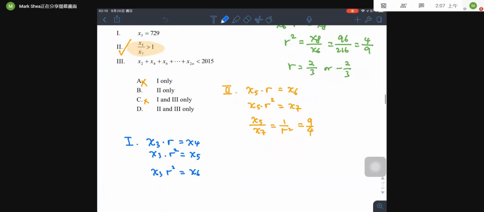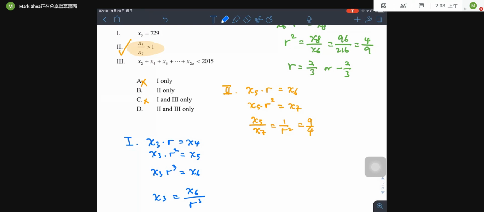The x3 times r to the power 3 here. So how can we find x3? It is x6 divided by r cubed. However, there will be two values of r, plus or minus.